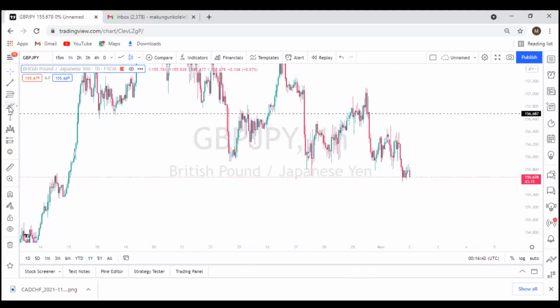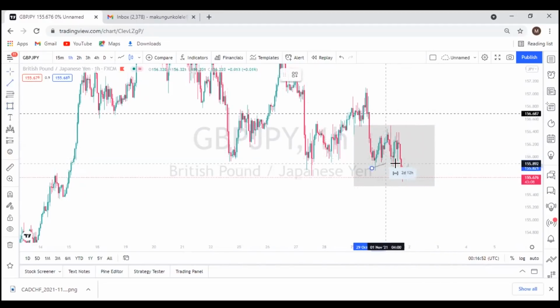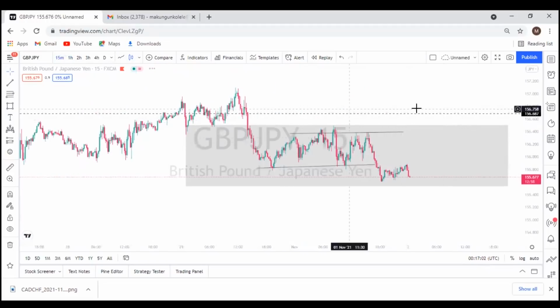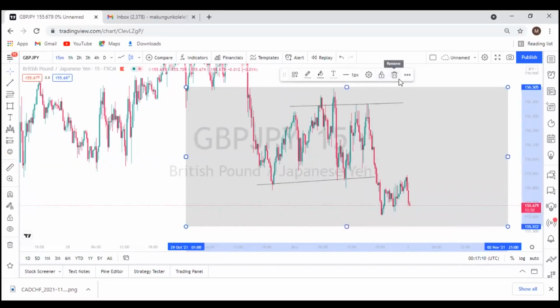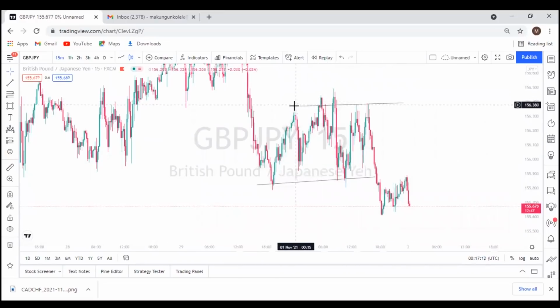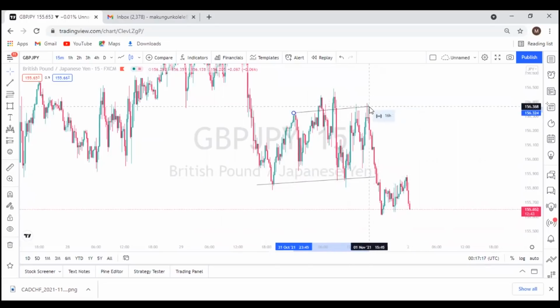So let me just do this. So around these areas, let me just highlight. So within this gray area, we can see that we had this flag, this beautiful flag here. It had everything. Let me just go in more. Let me delete this shade. So you can see we had this great flag here.